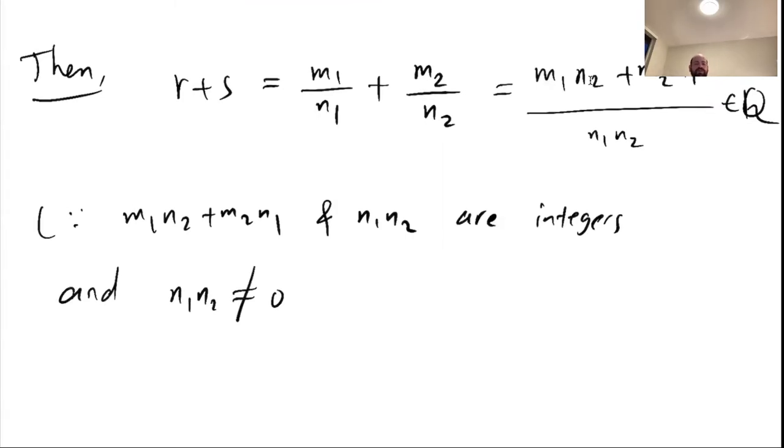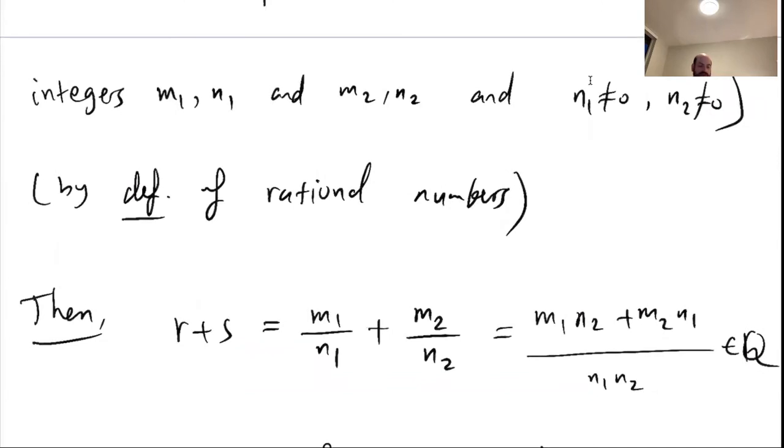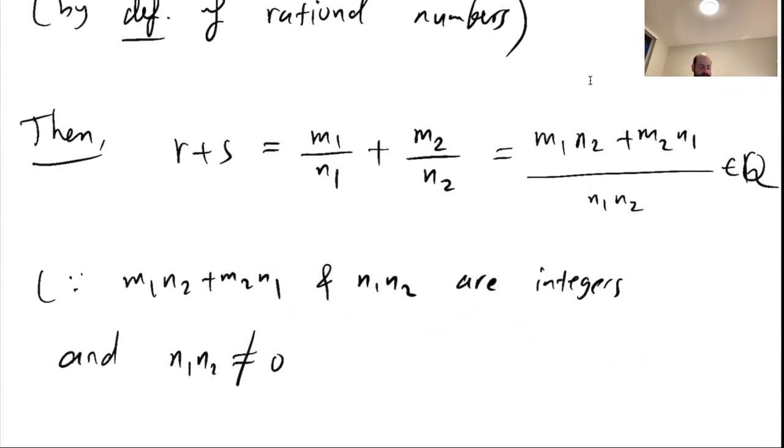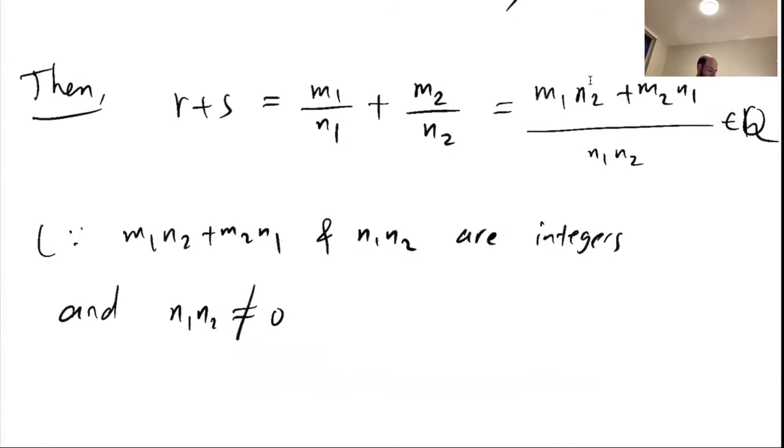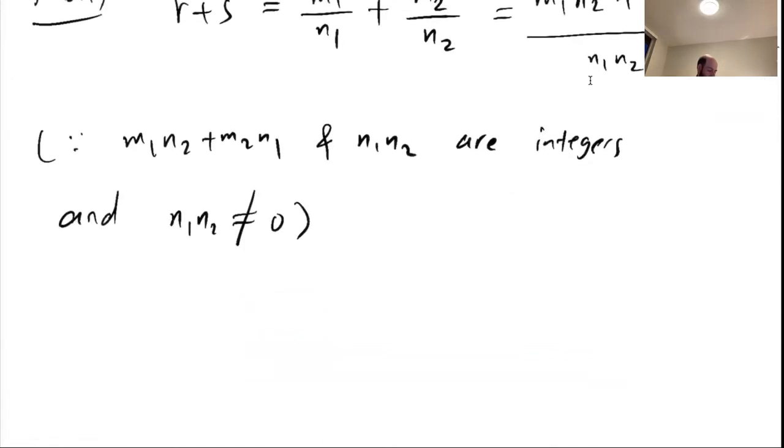Why is the denominator not zero? Well, because I was assuming that N1 and N2 are each non-zero, right? So if I have two non-zero numbers, the product of those two non-zero numbers will also be non-zero. So that's it.